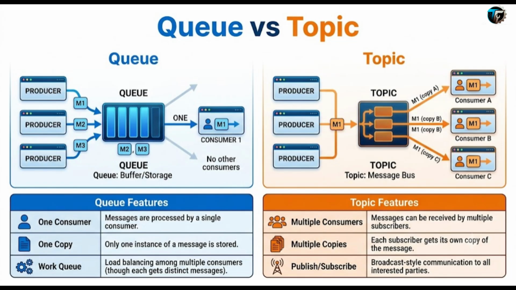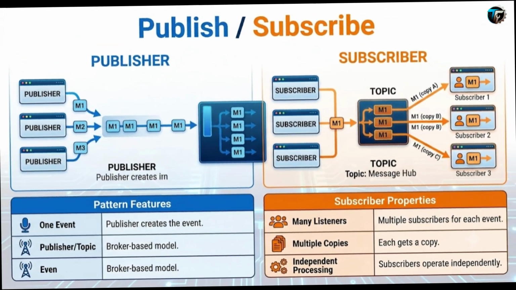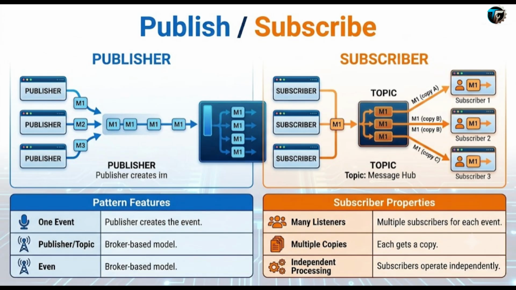Bottom line, use queues for one-to-one task execution. Use topics for one-to-many event broadcasting. Build smart, stay scalable. This is called the publish-subscribe pattern. One event. Many listeners. Each subscriber works independently.